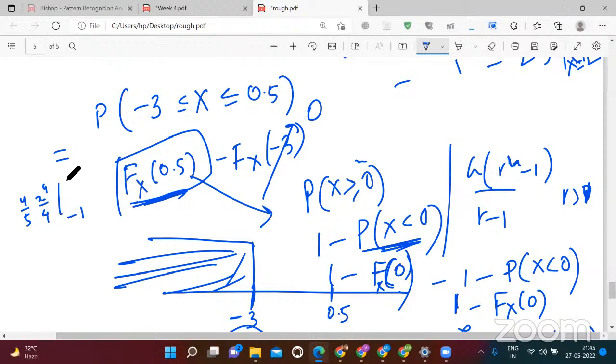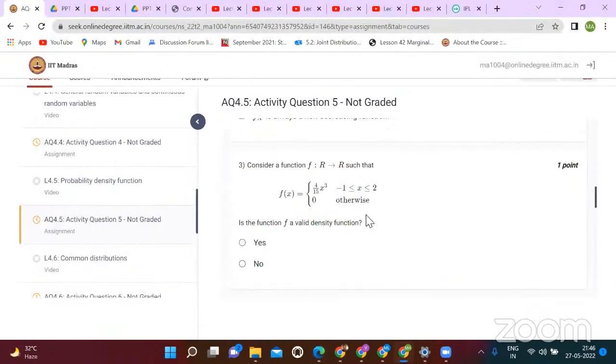Minus 1 to 2. So 2 into 2 into 2 into 2, 16, right? 16 upon 5, or 15. Okay, 15. And then minus of -1, like minus to the power 4 upon 15. So this is the valid one. Yeah, but the answer is given no.